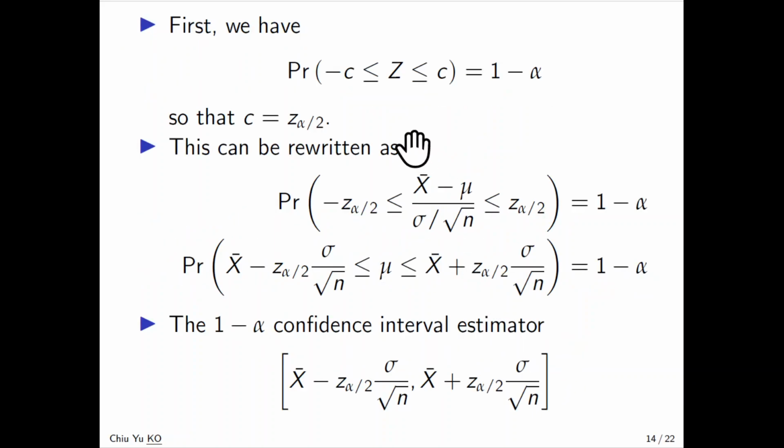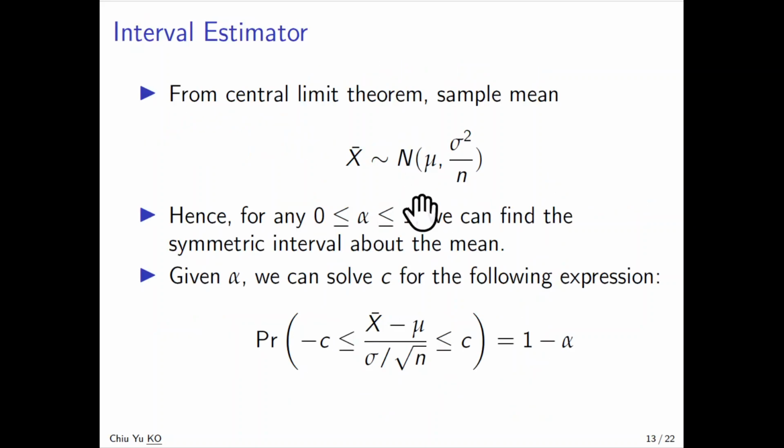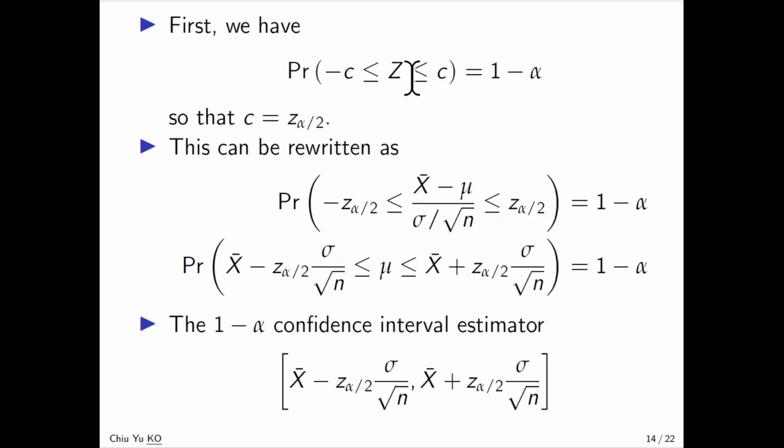So if you try to figure this out, this is Z, and C should be z of alpha over 2. This is a tail of the standard normal, and the tail is alpha over 2.